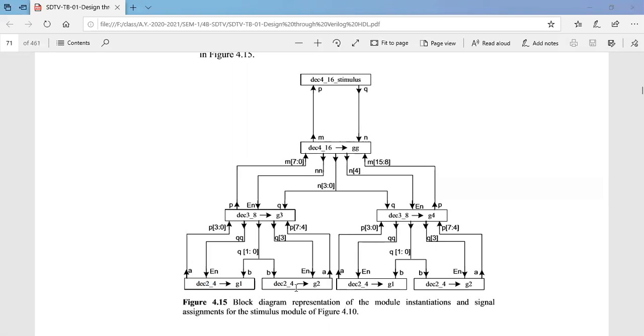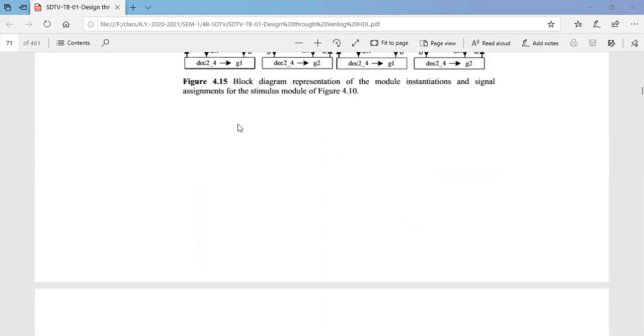With the help of 2 by 4 decoders, we can design a 3 by 8 decoder. By using 2 such 3 by 8 decoders, we can design a 4 by 16 decoder, and we can simulate it. If you want to write this program directly for a 4 by 16 decoder, it is possible, but it will take more lines.